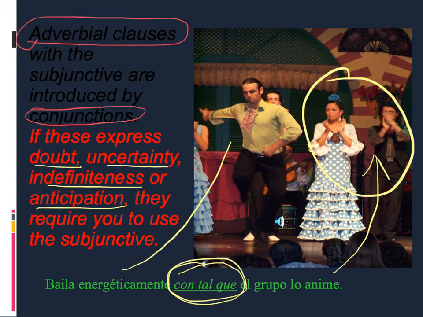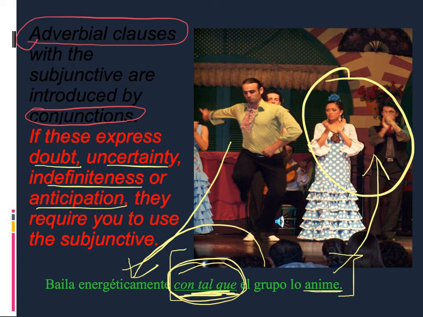And so, yes, he dances energetically provided that the group encourages him. So this is in the subjunctive. Animar is an AR verb. This con tal que introduces this piece of the sentence that tells how he dances. Okay, so it does modify the dancing, or the energetically piece.